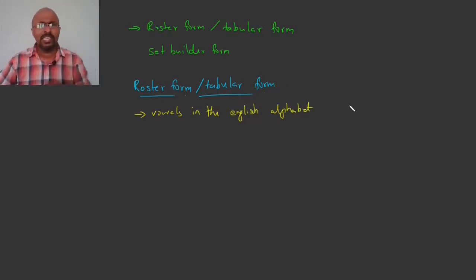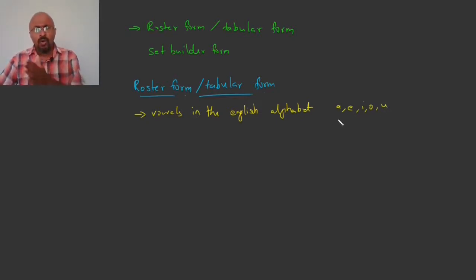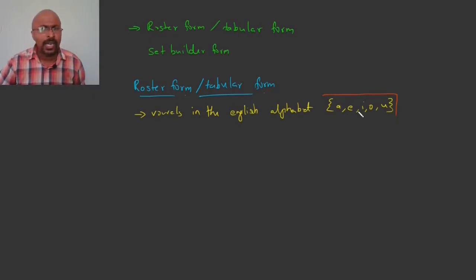What are the vowels in the English alphabet? We know it is A, E, I, O, U. So, we can represent it in roster form by separating the elements with a comma and enclosing it within braces. This is the representation of this set in roster form.